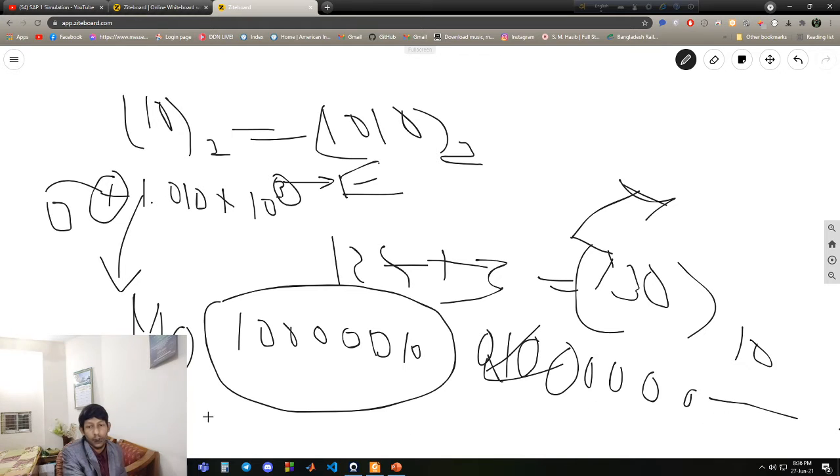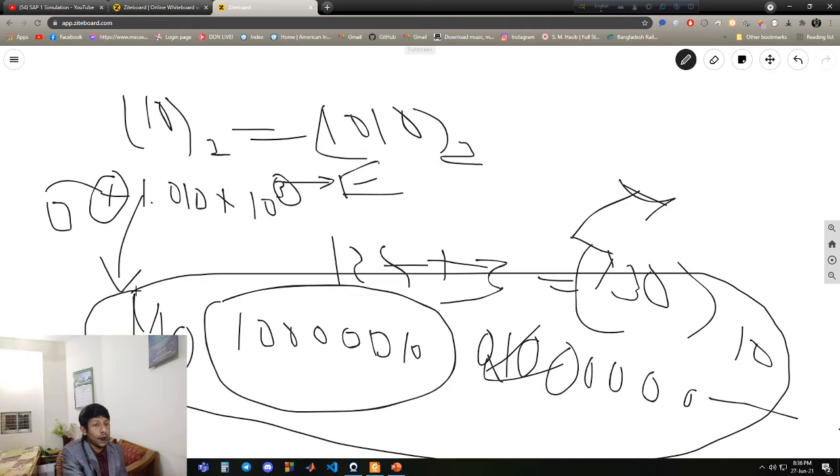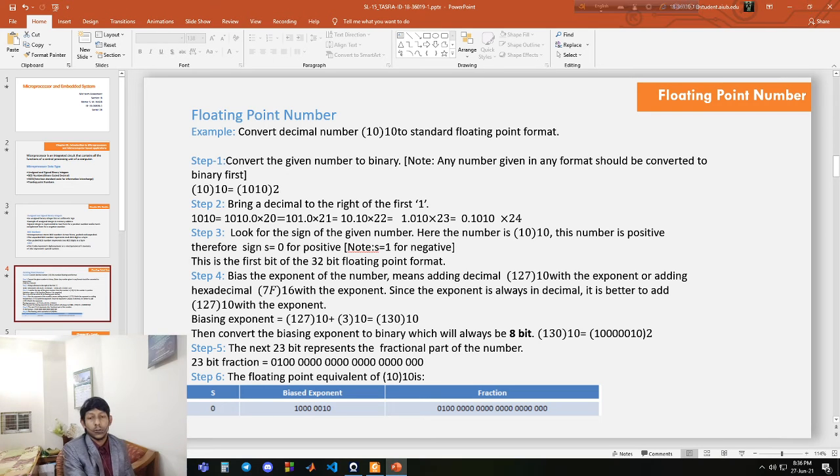You know the idea. So this is how we represent 10 decimal as a floating point number. So let's get back into our slide. So you can see our answer is verified.